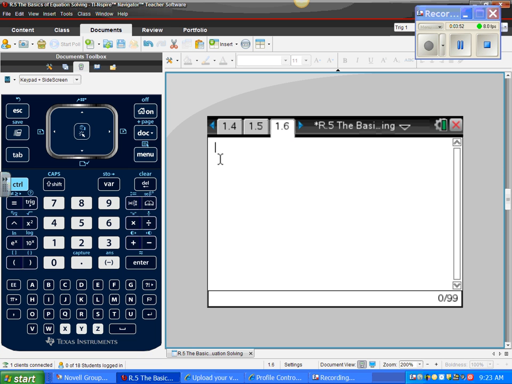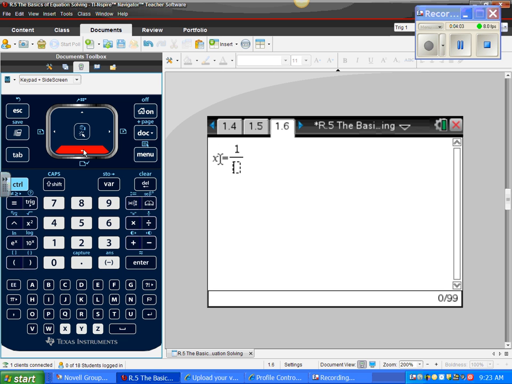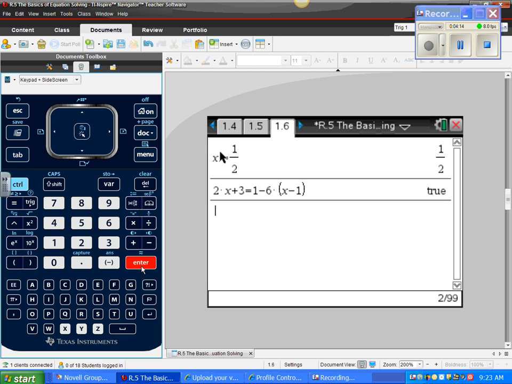On the next page, I have a calculator page. We said that x was equal to 1/2, so I'm going to store that. Control, math template, 1/2. Now every time I put x in, my calculator is going to read it as 1/2. Control V, I'm going to plug in my equation, hit enter, and it says true. So it does check out.